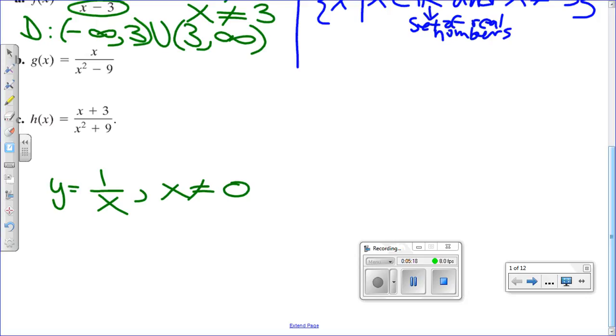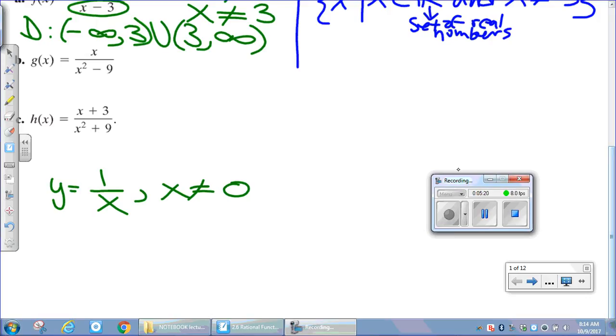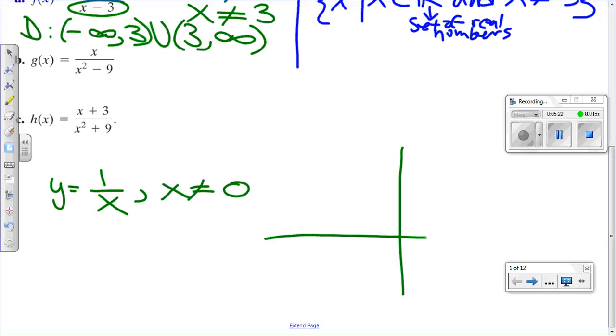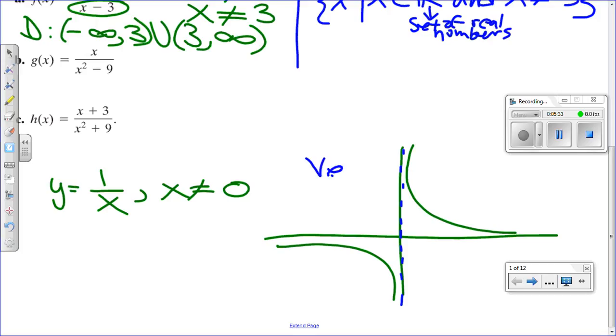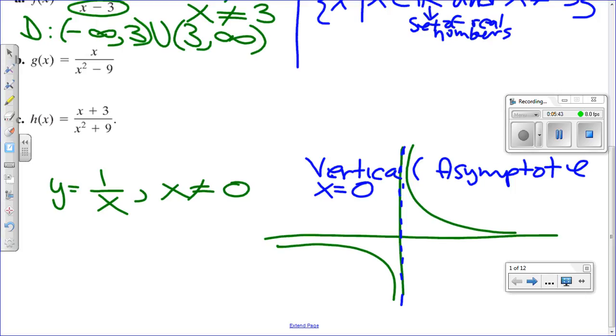And the graph of that one, just a little preview, looks like that. We're going to have a vertical asymptote here, which will be x equals 0. So whatever the vertical asymptote is will also be excluded from the domain.